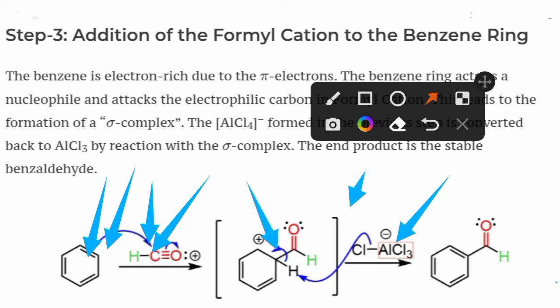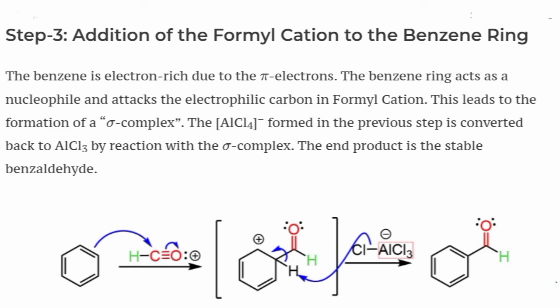Which hydrogen? This one. And HCl is also given out. What remains now? Only benzaldehyde remains. In such a way, students, benzene gets converted into benzaldehyde.